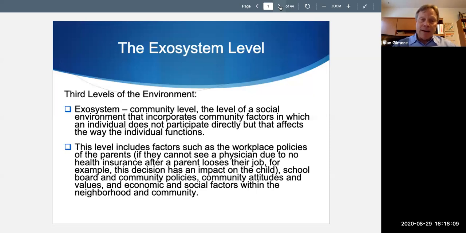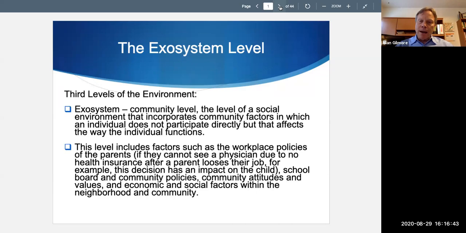This level includes factors such as workplace policies of the parents. Here's a great example. The workplace policy of the parents affects the parents, right? But if they cannot see a physician due to no health insurance from their job, maybe after a parent loses their job, this decision has an impact on the child. Again, it's about that third party being impacted by something they, quite frankly, do not have any involvement in.